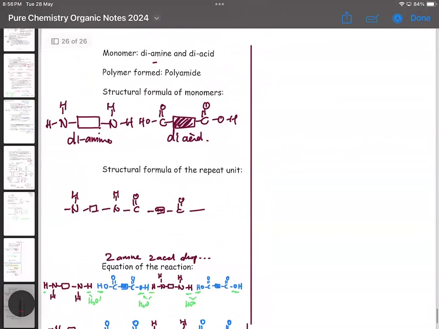Polyamide, one with two NH2 groups or your amine group, and then the other one with your two acid. So it appears that when you want to do polyamide or polyester, you need two different monomers with two different functional groups in order for it to work.